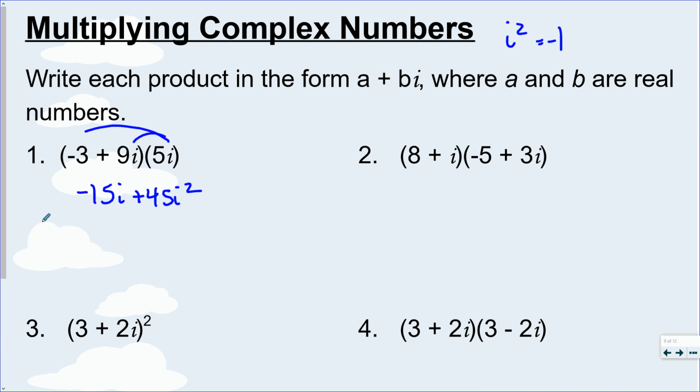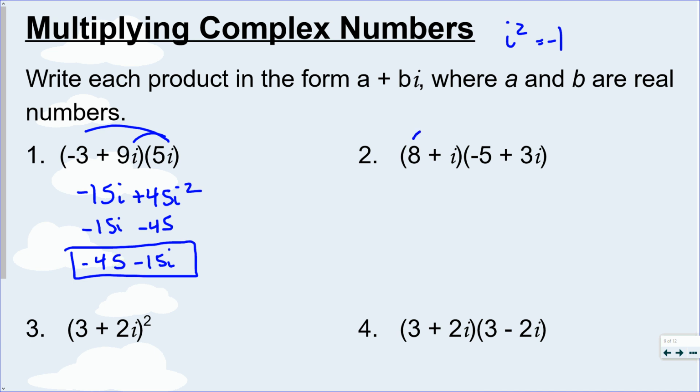So that's going to force this to turn into a negative 45. But remember, we always like to write the real part first, for the same reason that we locate that as the x-axis on our complex graph. So because of that i squared rule, and it flips that from imaginary to real, you get some results that might be a little bit unusual or unexpected.